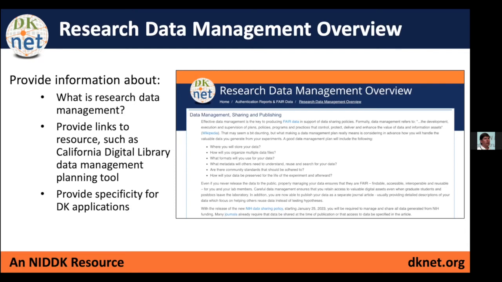So for example, sharing genomics data. There's been a genomics data sharing policy at NIH, and then also for large studies. So anything over $500,000 direct costs per year also had data sharing requirements.